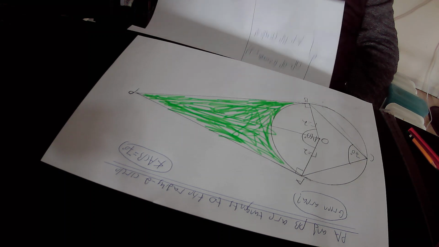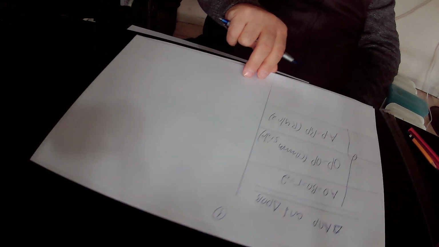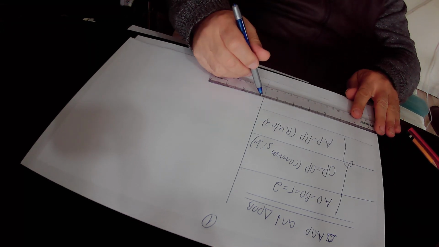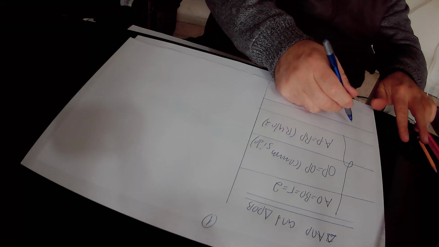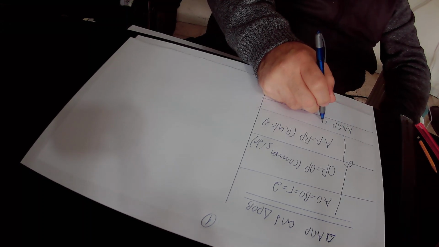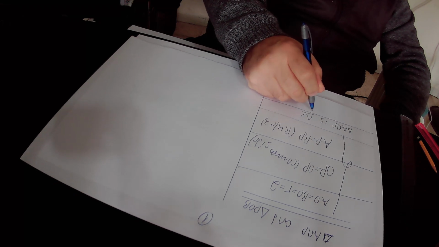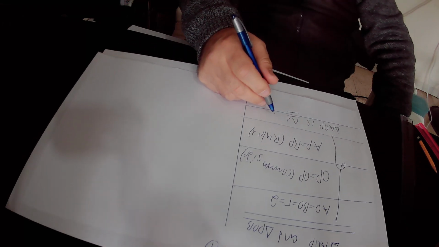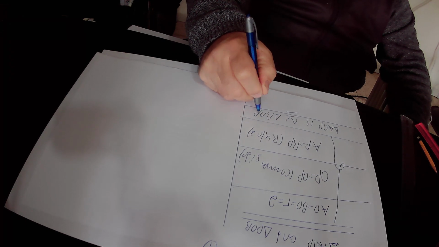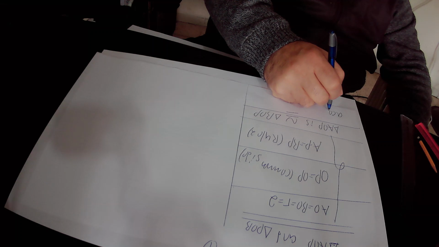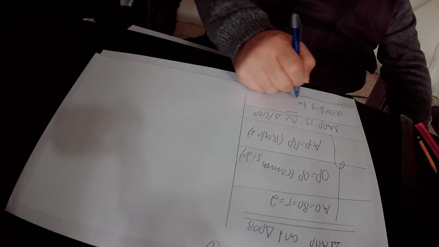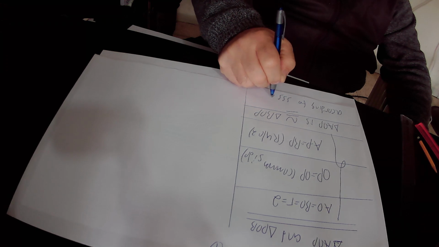So I write it down. The right triangle AOP is congruent, this is the sign of congruent, to the right triangle BOP according to side rule.